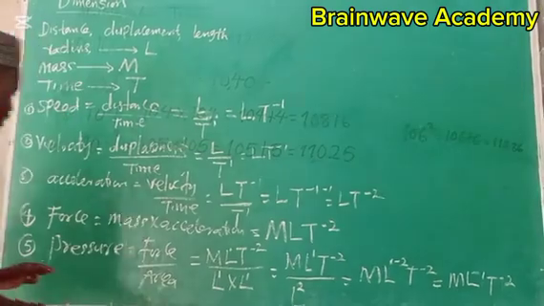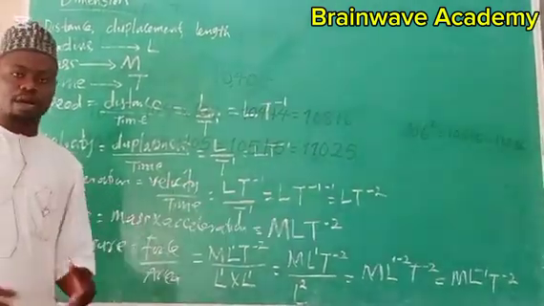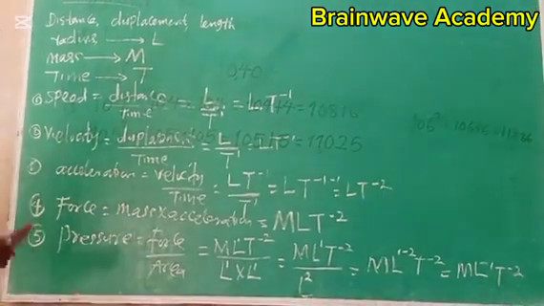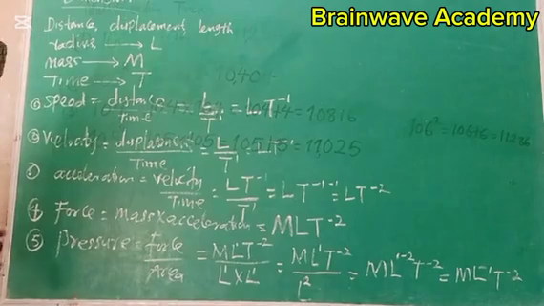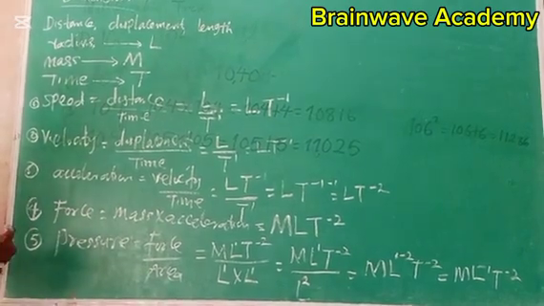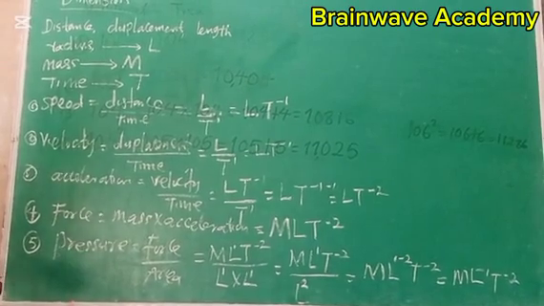Mind you, the dimension for pressure is ML raised to the power minus 1, T raised to the power minus 2. And take note that the dimension for pressure is the same as the dimension for Young modulus, and also the dimension for stress, tensile stress. Thank you and peace out.